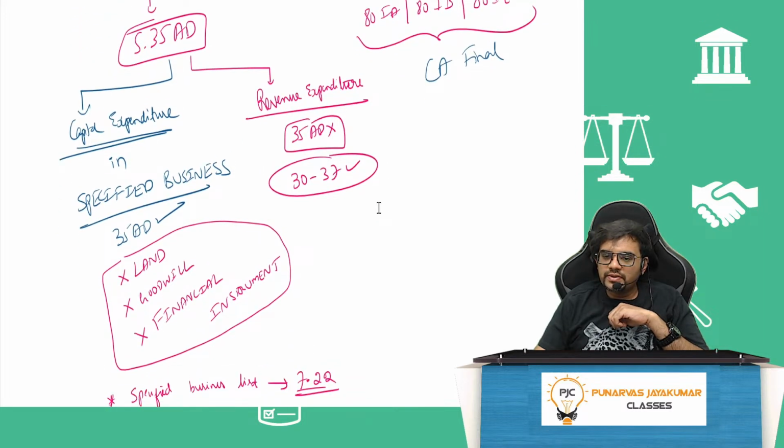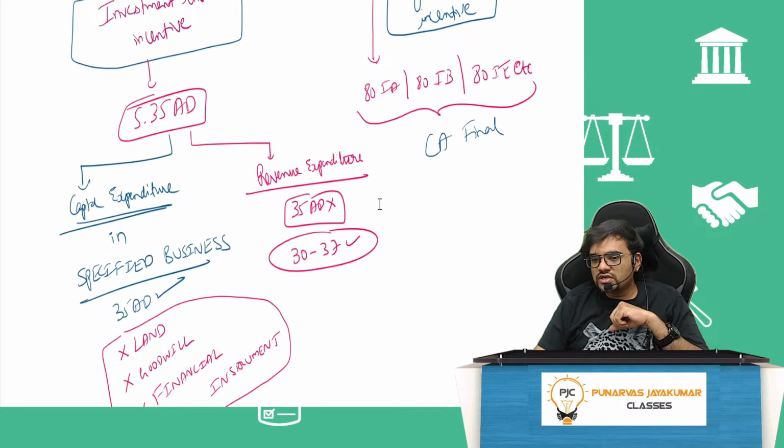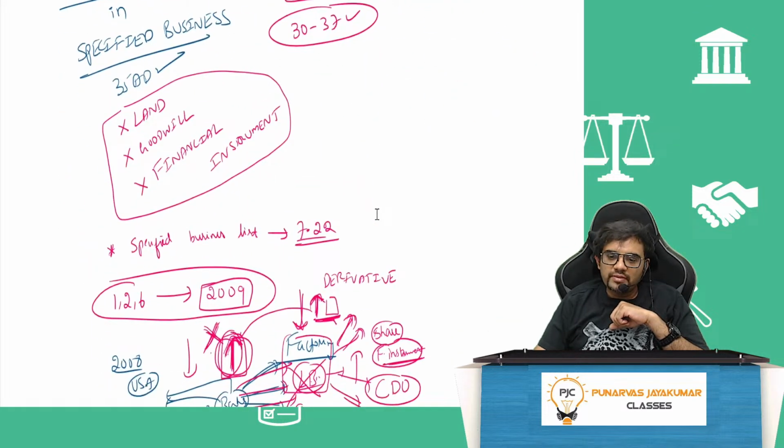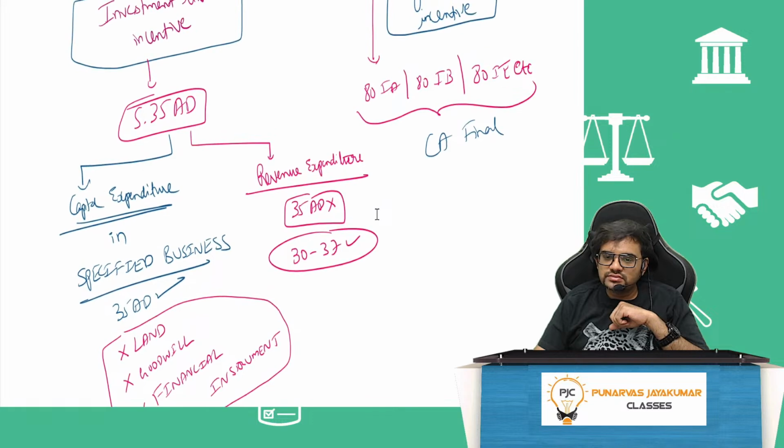So you have capital expenditure, then you have revenue expenditure. Revenue expenditure is not covered under 35AD. Revenue expenditure is covered under sections 30 to 37. Capital expenditure is covered in 35AD.